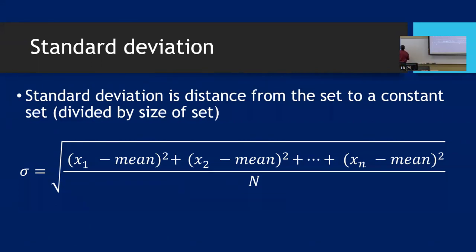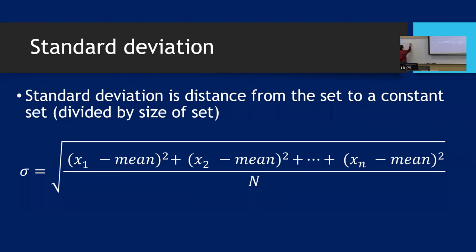In mathematics, when we have the population standard deviation, it's always denoted by this lowercase Greek letter sigma. Right, that's a lowercase sigma. And what it tells you to do is take a big square root.